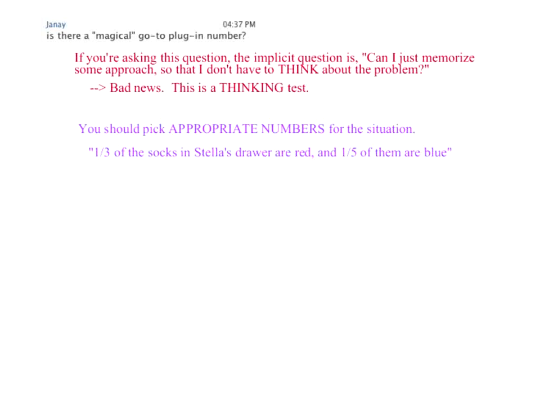The number of socks should be a multiple of 3 and 5, so that you get integer numbers of red and blue socks. 100 would also be a terrible choice here, because then you would wind up with 33 and 1/3 socks that are red.